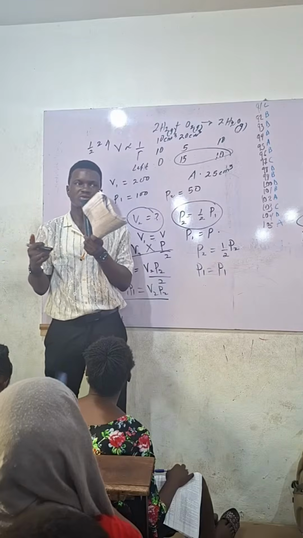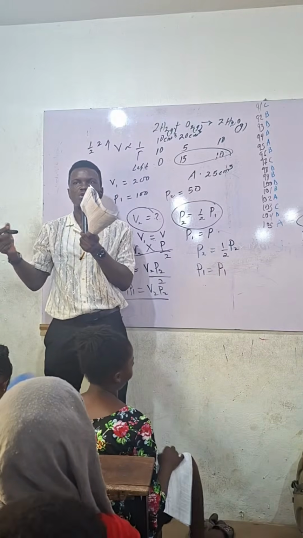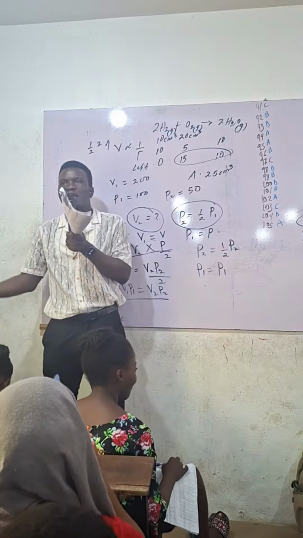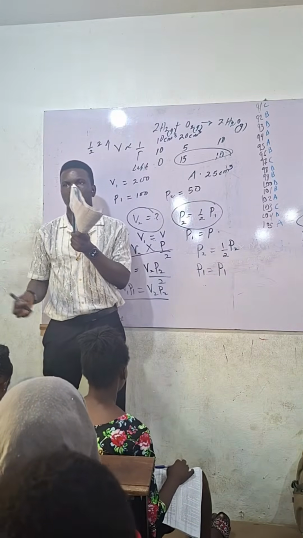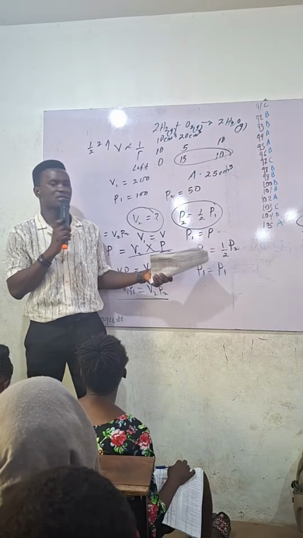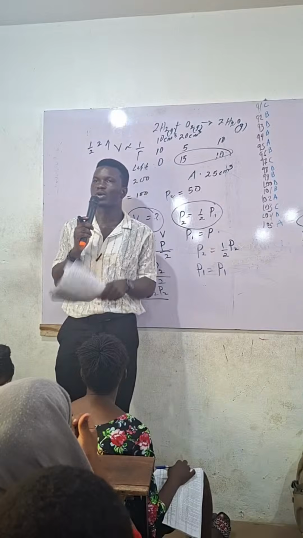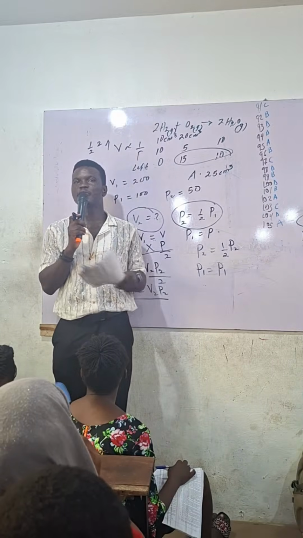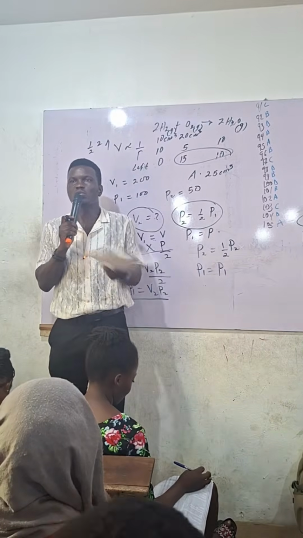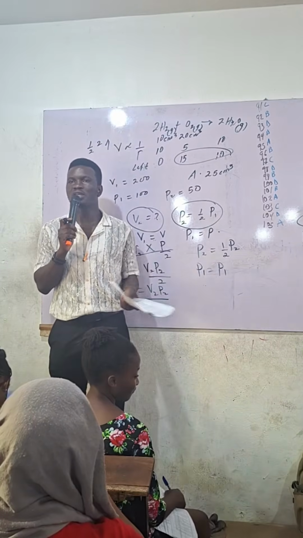So during post-UTME, the people that used to make us go and teach all the topics from the beginning again is because of those that used to come and join. That just joined us during post-UTME. So please, as much as possible, there are some questions that immediately I ask you, I expect a chorus answer. I don't even expect everybody to keep quiet. And nobody should form anything here.